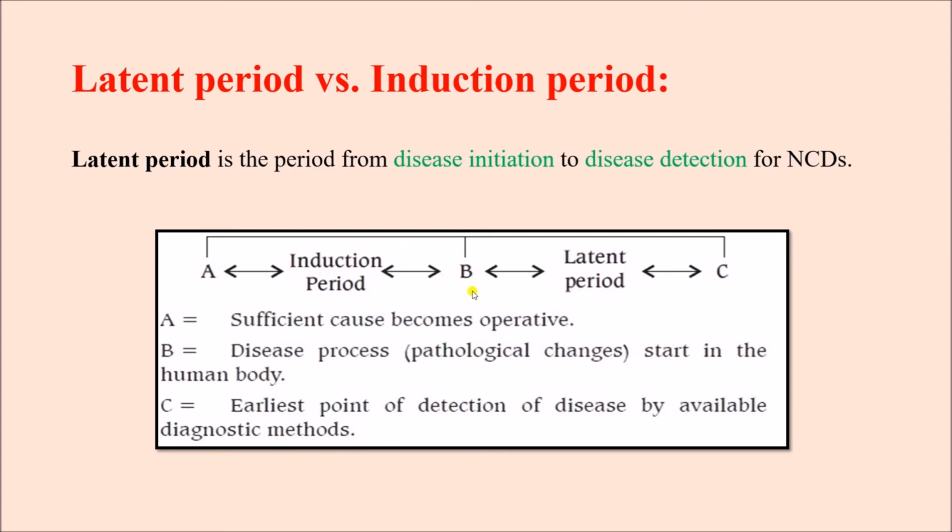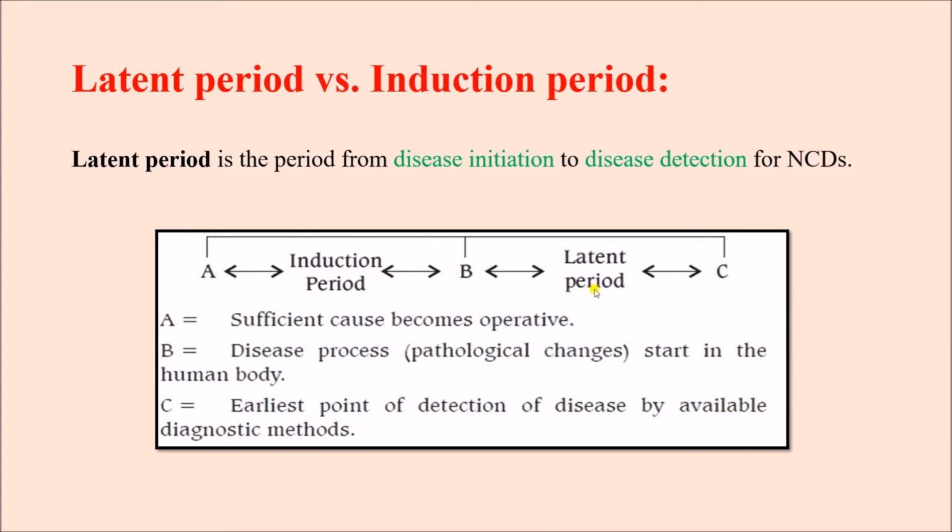Now when the disease starts at cellular or pathological level, it may not have any immediate clinical feature. So we may not be able to detect any clinical features, like any signs or symptoms of diabetes. It may take a few months, a few years until the person shows any clinical features, or until we can diagnose the disease in the person with any available diagnostic methods.